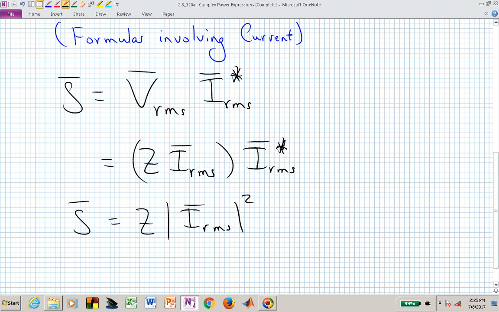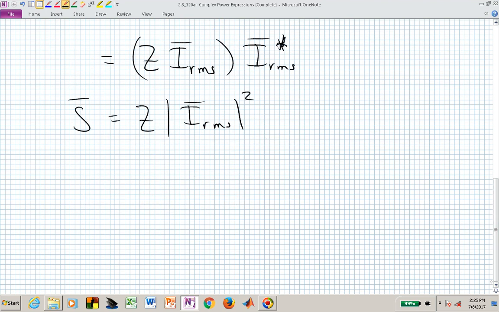We can also rewrite this complex power formula by identifying the impedance a little bit more finely. So we could write this complex power as R plus JX, where we have the real and imaginary part of the impedance, times the magnitude squared of the current.